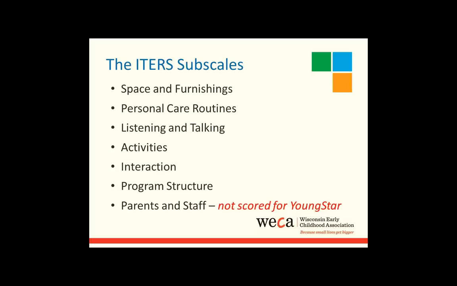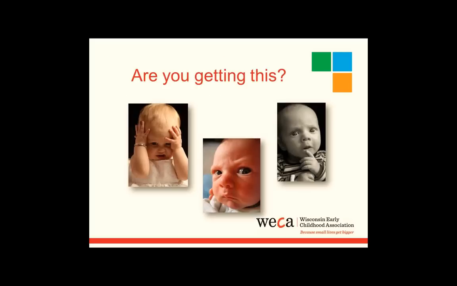We don't use that part of the ITERS because the Department of Children and Families has developed their own document called the evaluation criteria, and that covers most of the things that would be covered by the parents and staff subscale. So as you will see, there are 6 subscales, and these are the areas that we are observing when we are in your program, and we're scoring the items in these subscales.